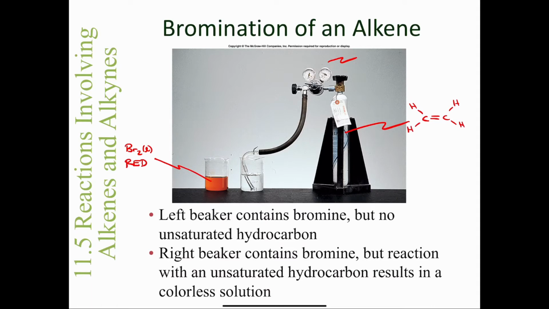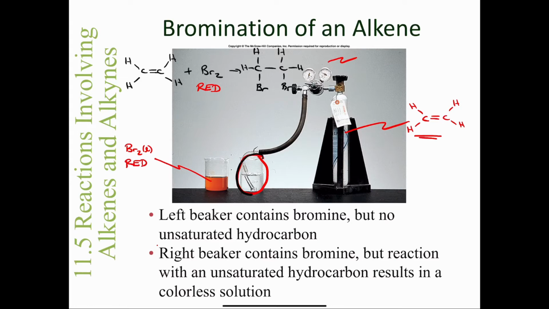So what's happening in this reaction is in this beaker, there was bromine, but they added the alkene to it. And so I've written the reaction up here. So we have our ethylene gas, and we're adding bromine to that, which is red. But what happens is the reason the beaker becomes colorless is because the product is a saturated hydrocarbon, which is colorless.